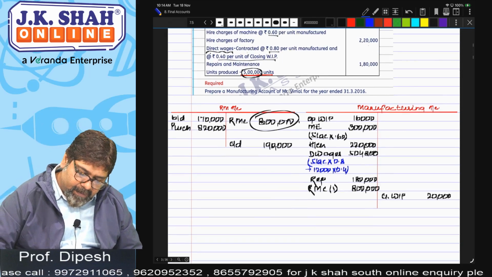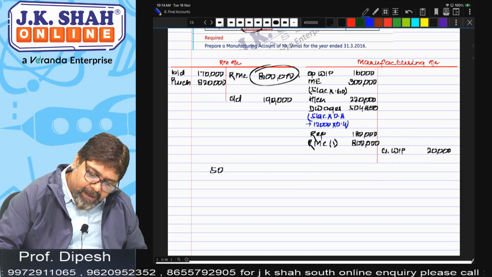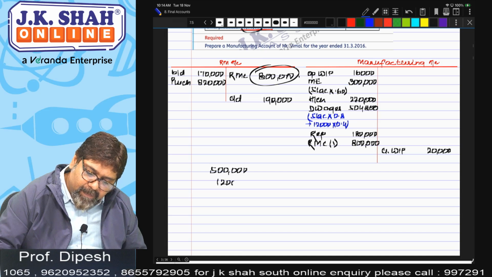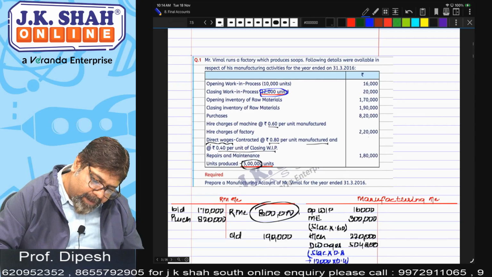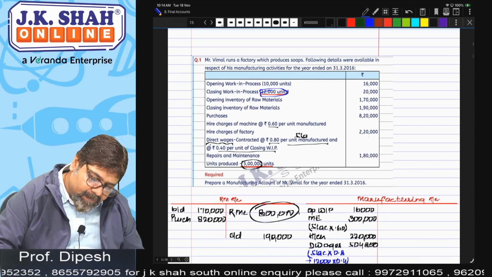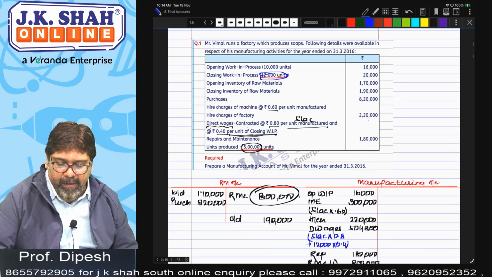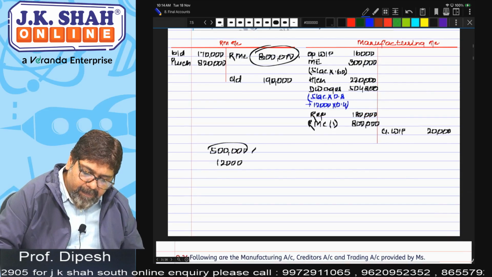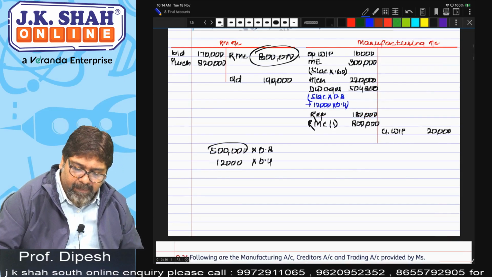Direct wages: they have told completed units, that is 5 lakhs, and closing WIP, that is 12,000 units, and 40 paisa per unit of closing WIP. So on complete units they have incurred 80 paisa, and on incomplete units they have incurred 40 paisa.